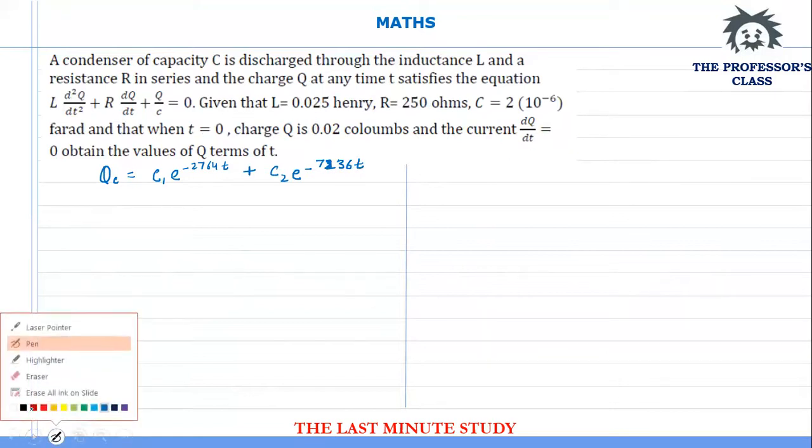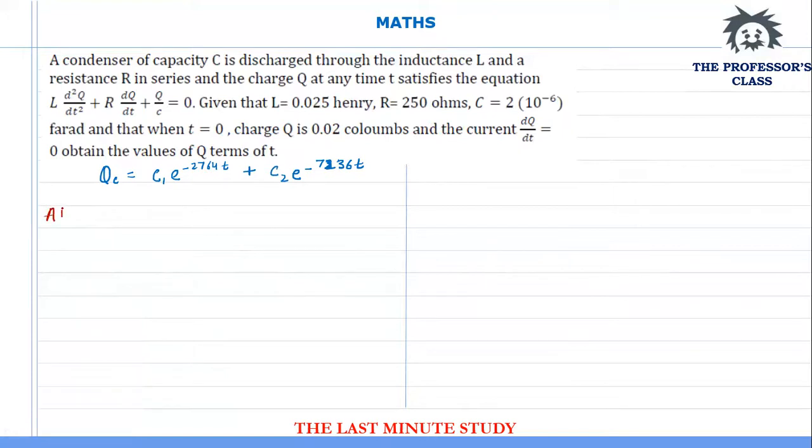The first part says that at t equals 0, the value of q is 0.02. Let's substitute this value. So 0.02 will become, if I substitute t equals 0, this entire term becomes 1, because anything raised to the power 0 is 1. So C1 plus C2 is equal to 0.02. This is your equation number 1.